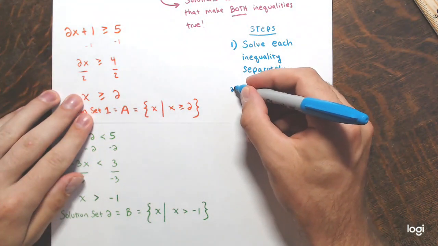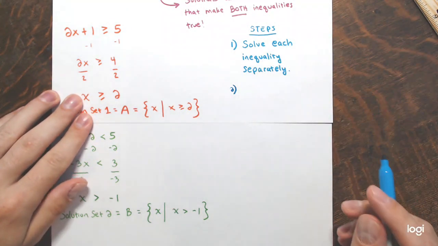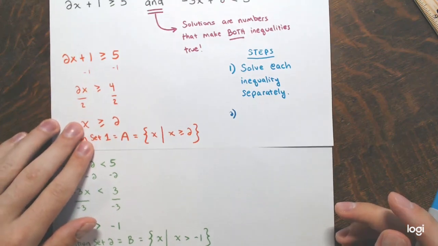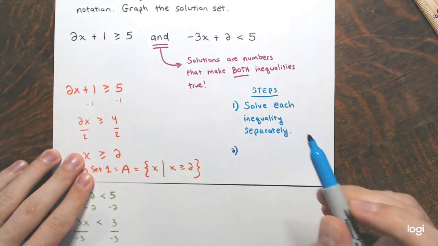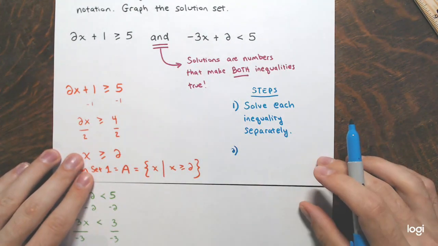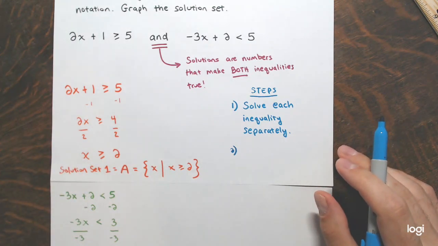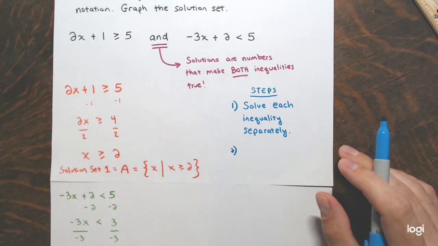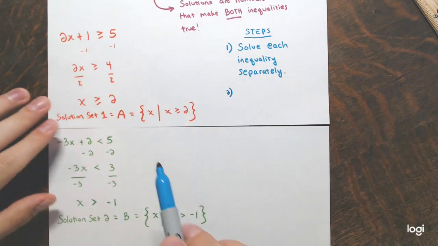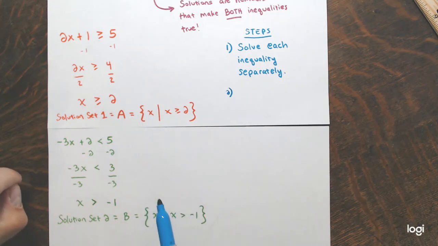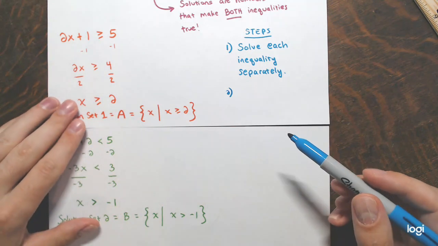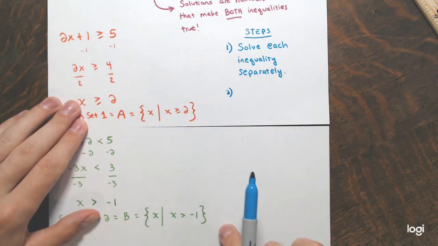The second part in solving a compound inequality involving the word "and": you may have seen my video previously to this on finding the intersection or the union of two sets, because that's what I have here, two sets, set A and B. I have two sets of solutions to each of these inequalities, and we're connecting them by the word "and."